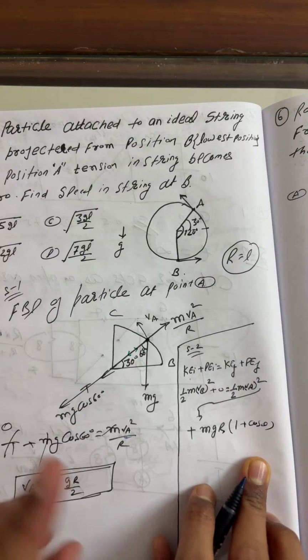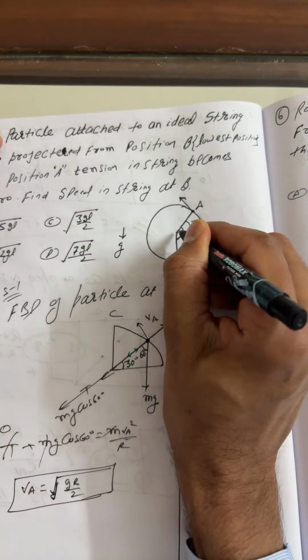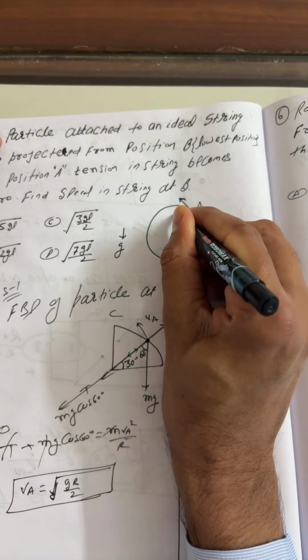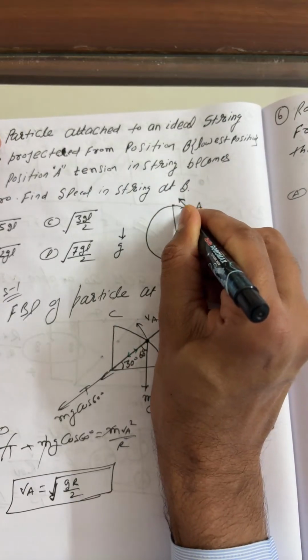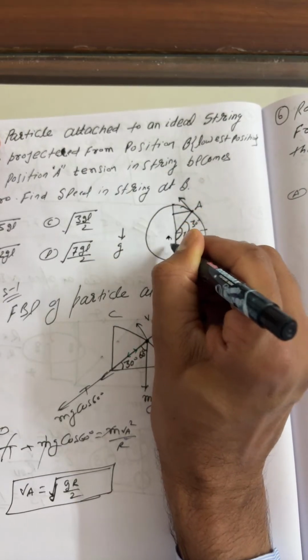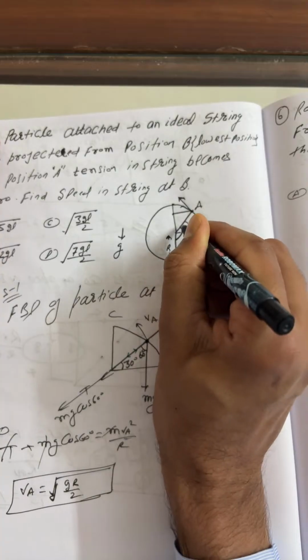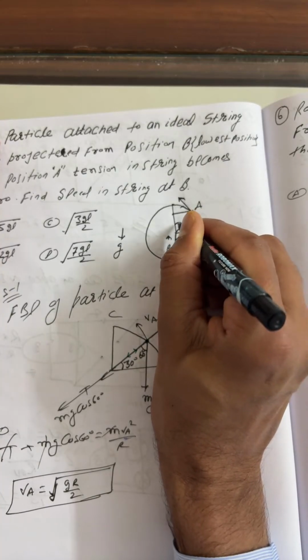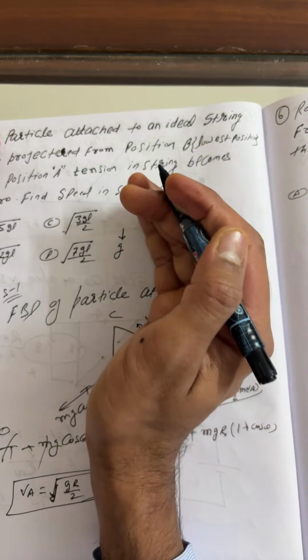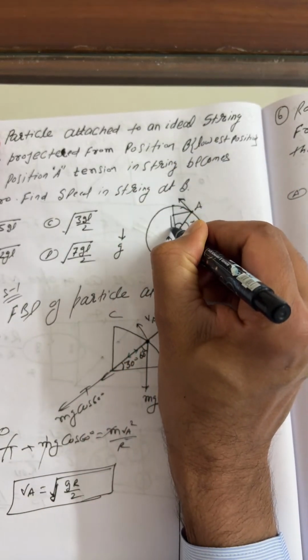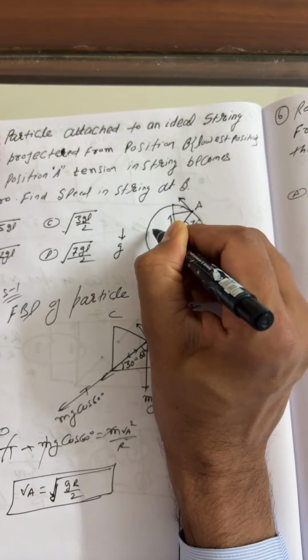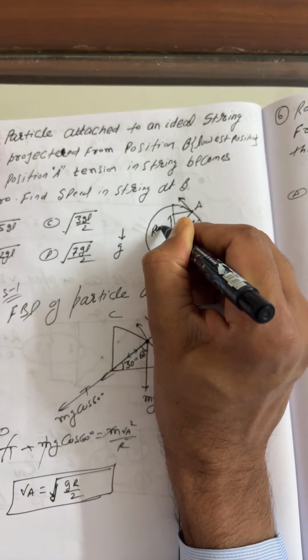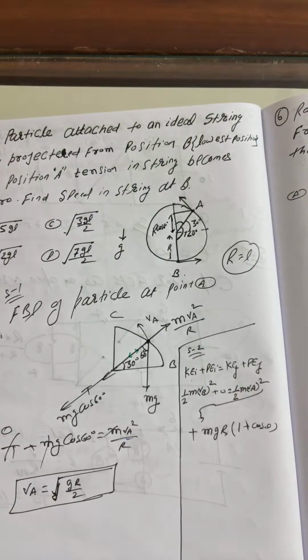You can see how it came. The particle basically traveled this much height. What is this height? I'm considering R here. You take this component, and this is 60 degree because this is 30. So this is R cos 60, basically this height.